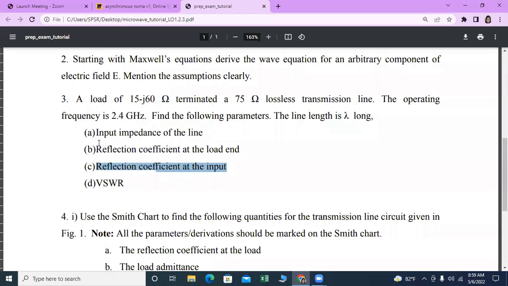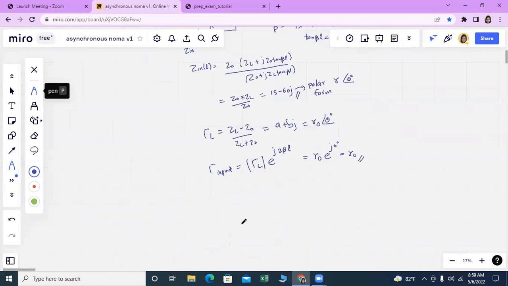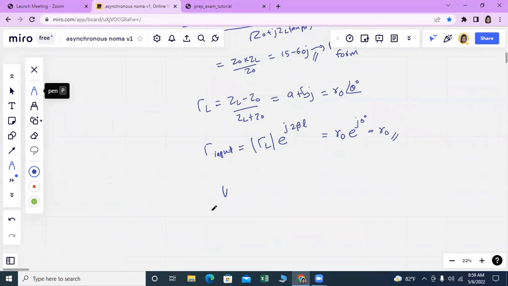And next we have to find the VSWR, which means the voltage standing wave ratio. Voltage standing wave ratio is defined using this equation, which is 1 plus the magnitude of the reflection coefficient at the load divided by 1 minus the magnitude of the reflection coefficient at the load, which you can find by substituting the value for R naught here.